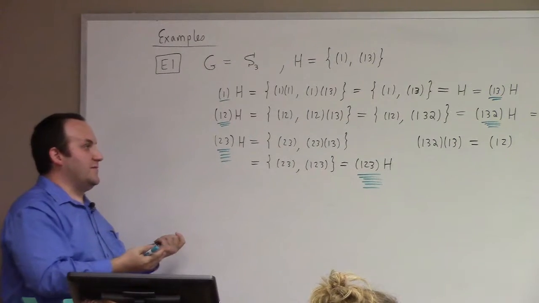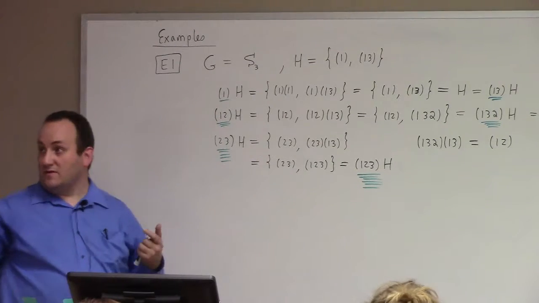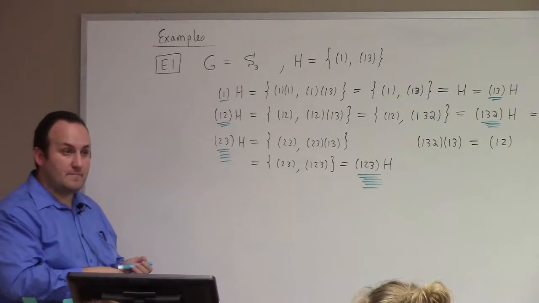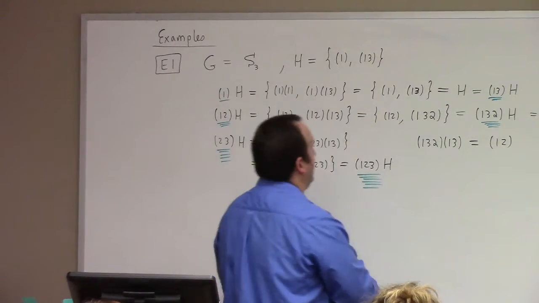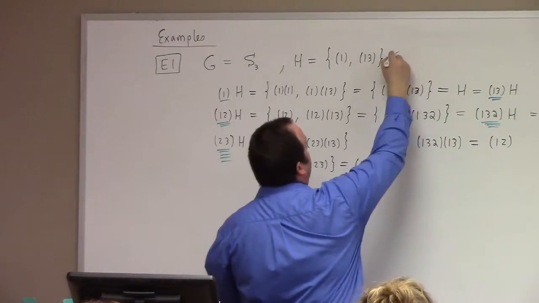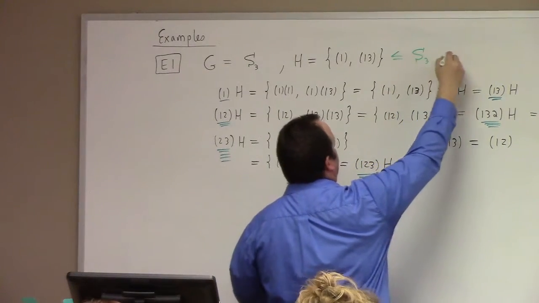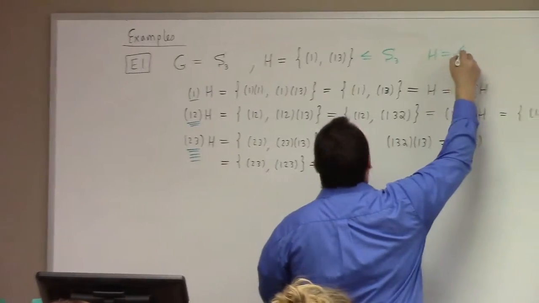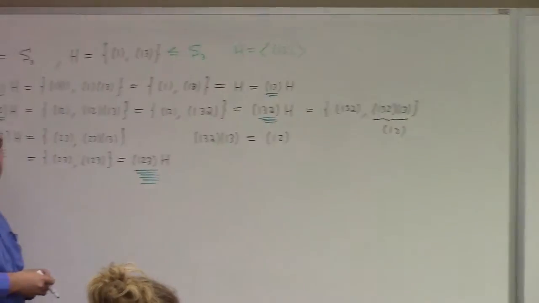Anything you see in particular from this pattern? I mean, what's special about this H that I didn't commit to in my definition of coset? I would point out to you that H is a subgroup of S3, right? In fact, it's a cyclic subgroup. H is the cyclic subgroup generated by (1 3). Right?